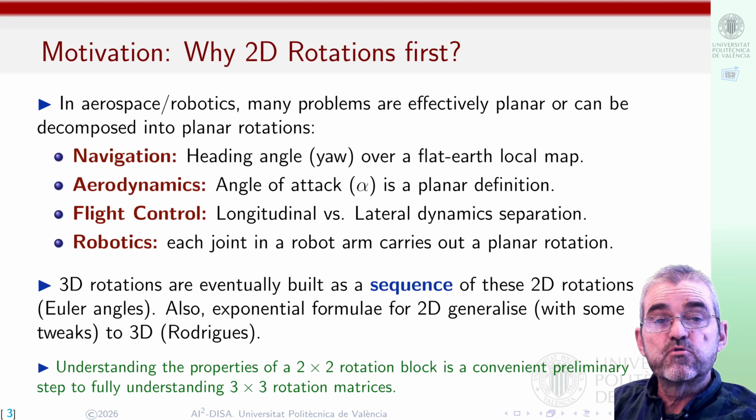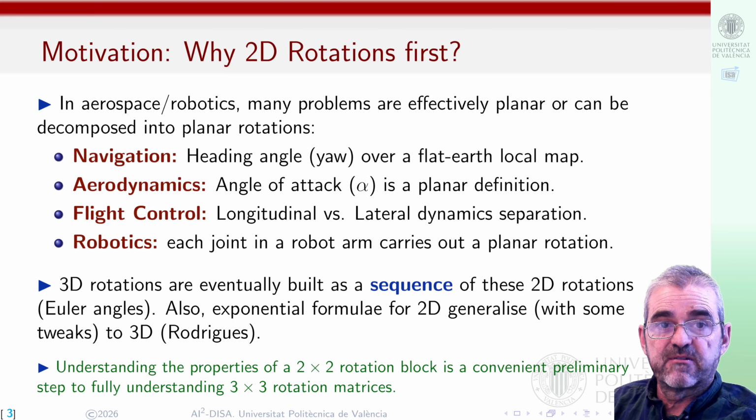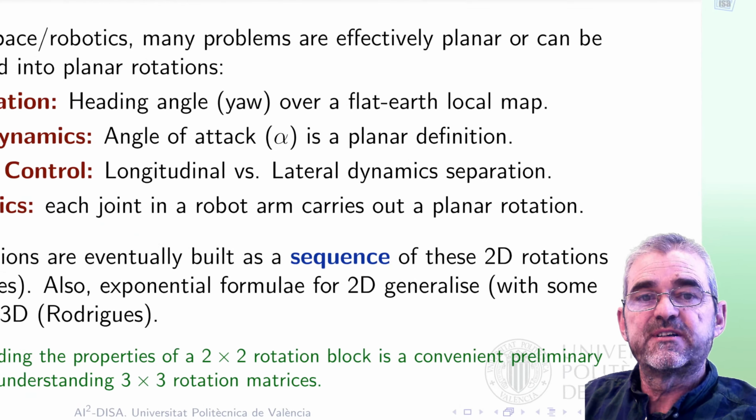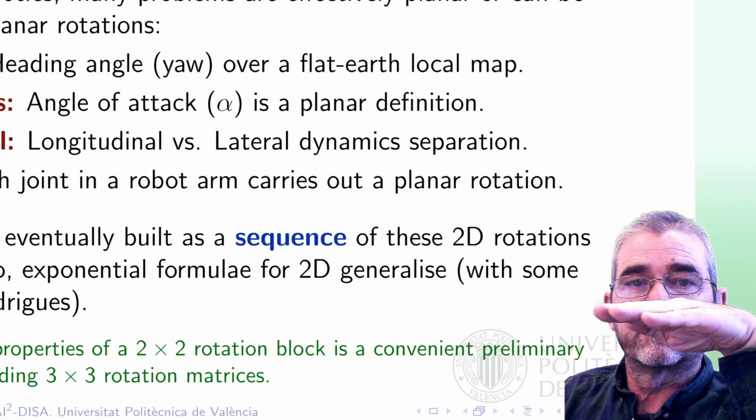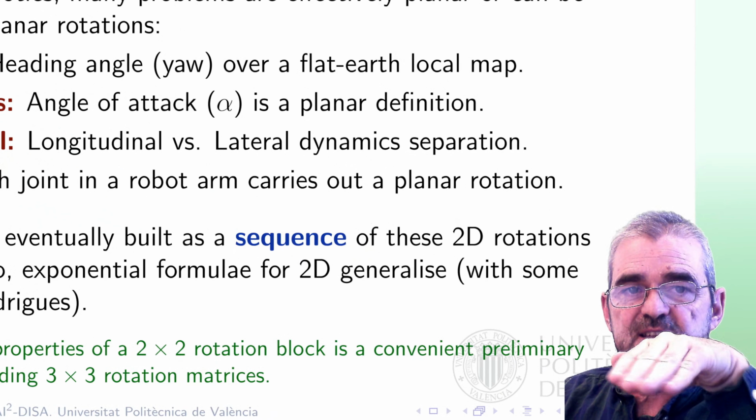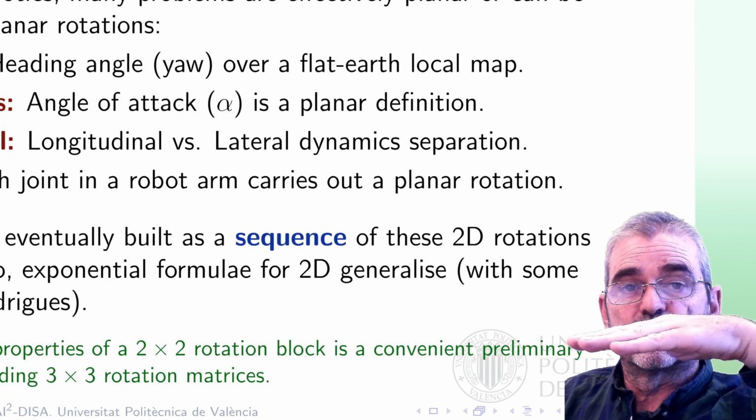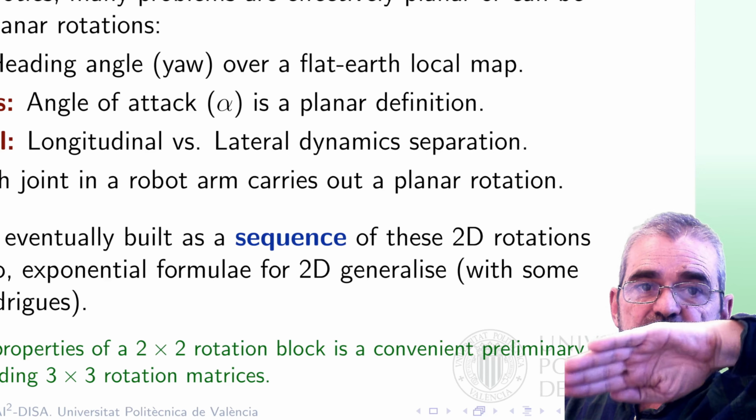So 2D rotation issues arise frequently in engineering, and 3D rotations can also be thought of as a sequence of 2D rotations. It has some inconvenience, gimbal lock, but at first glance, we may think of an airplane maneuvering with yaw, the z-axis rotation, pitch, the y-axis rotation, and roll, the x-axis rotation.